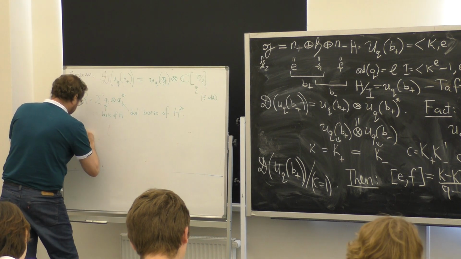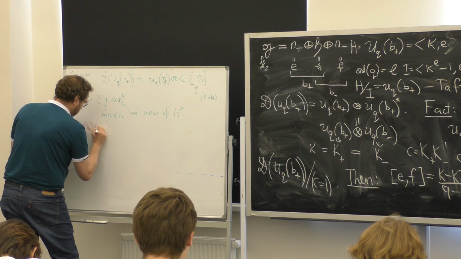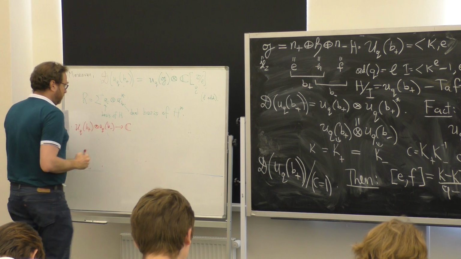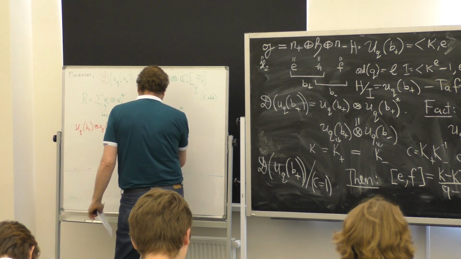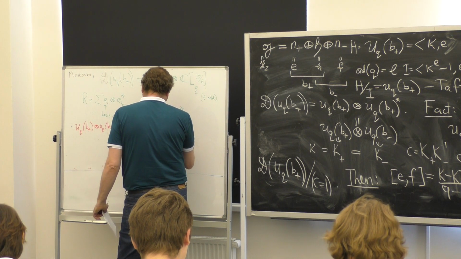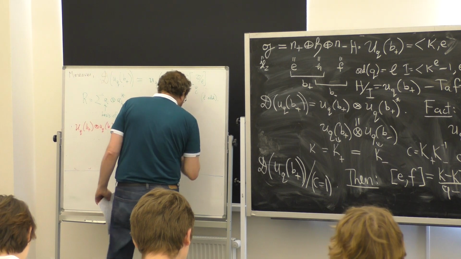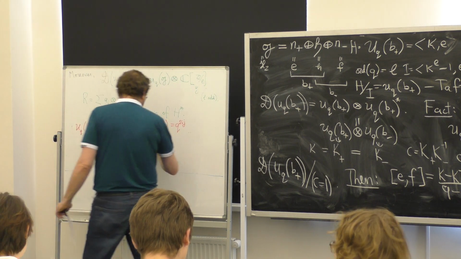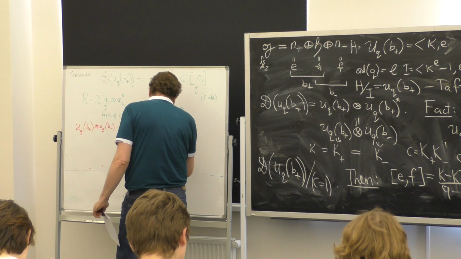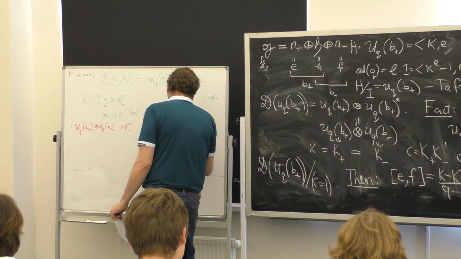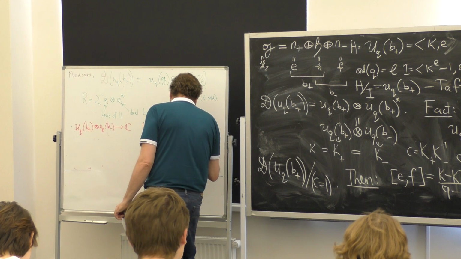And you can compute this pairing. So UQ of B plus cross UQ of B minus to C goes like this. So K to the I with K to the J gives you something like Q to the 2ij. And then E with F equals 1 over Q minus Q inverse.